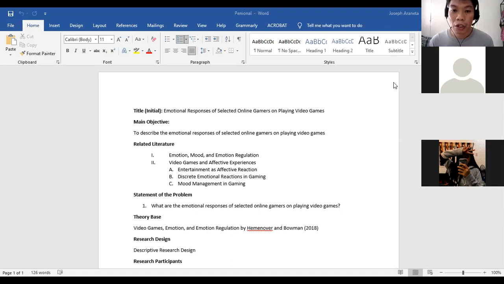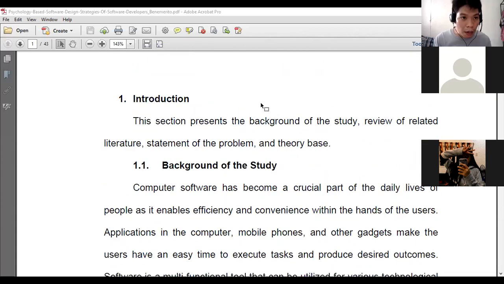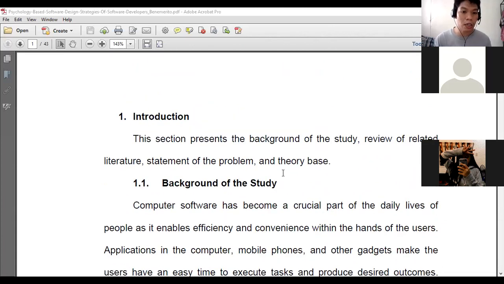So, example, yung complete study na, wait lang, I will show. So, halimbawa, ito. Yung title nito is Psychology-Based Software Design Strategies.